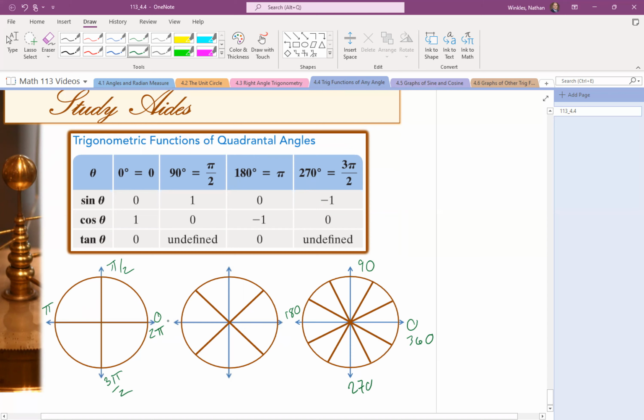So sine of 0 is 0, cosine of 0 is 1, tangent of 0 is 0. Sine of 90 is 1, cosine of 90 is 0, tangent of 90 is undefined. Sine of 180 is 0, cosine of 180 is -1, tangent of 180 is 0. Sine of 270 is -1, cosine of 270 is 0, tangent of 270 is undefined. And we'll talk more and more about these later on to show you different ways that we can identify them.